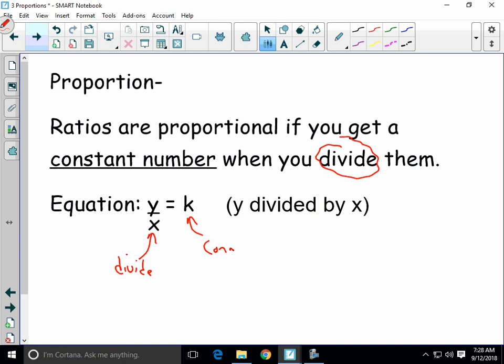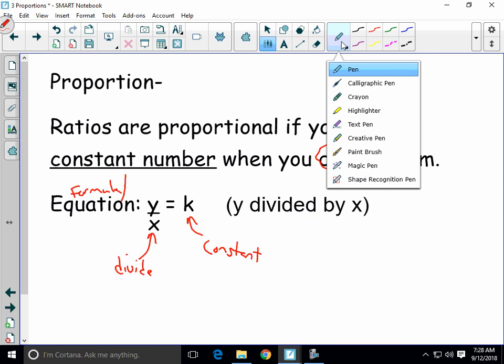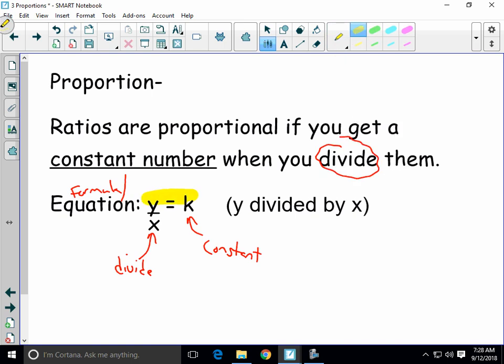They use the letter K for constant. So this is one formula that you're going to have to remember: Y divided by x equals K. You divide, and you see if you get a constant number. You see if you keep getting the same number.